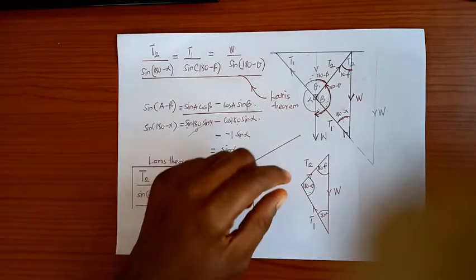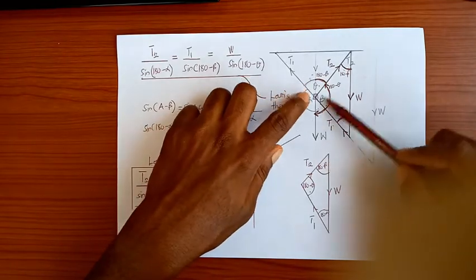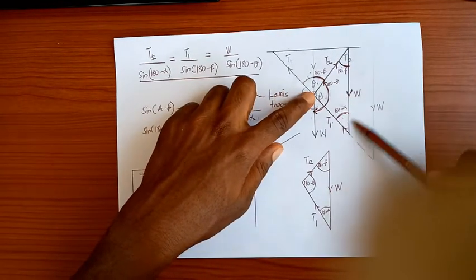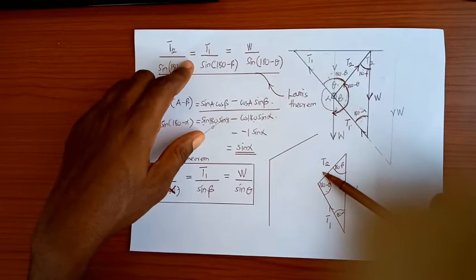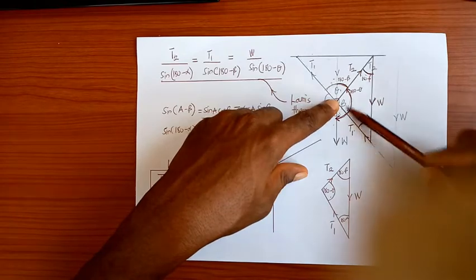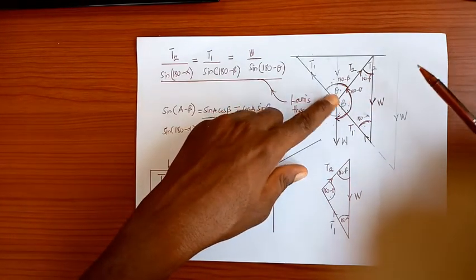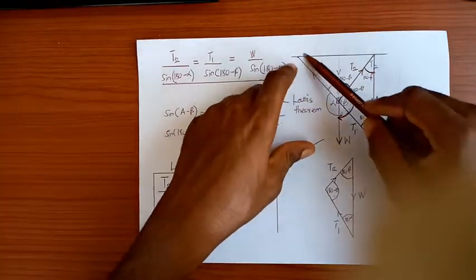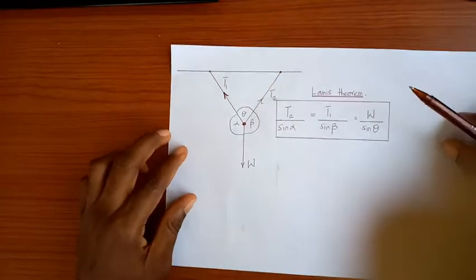Initially we were given the forces T1, T2, and W, and we constructed this force diagram to derive our formula. This is how the question will be given. You wouldn't be given a force diagram closed for you. You'll be given the question this way, and you are supposed to use this formula.